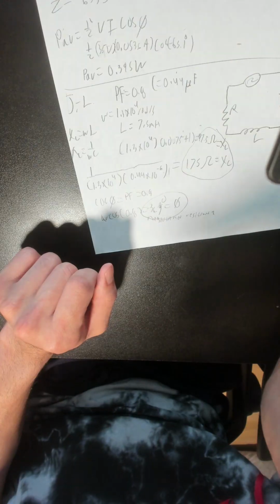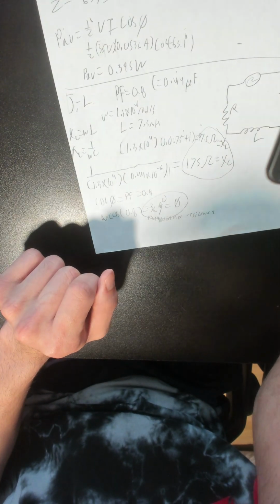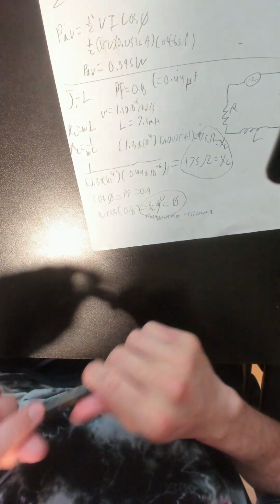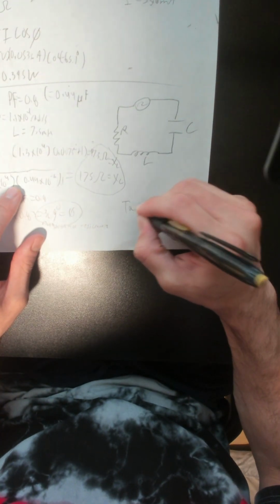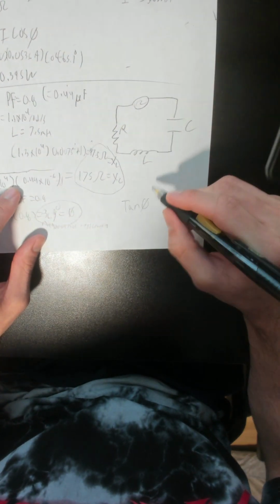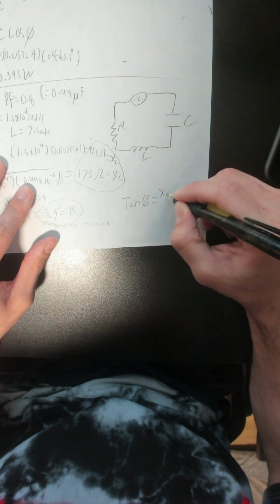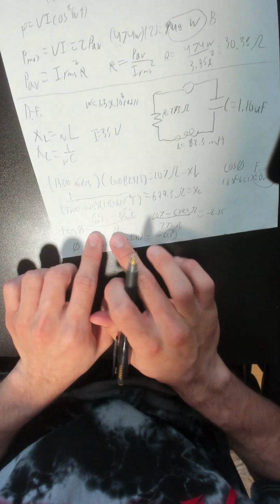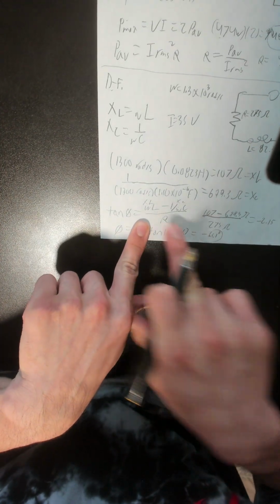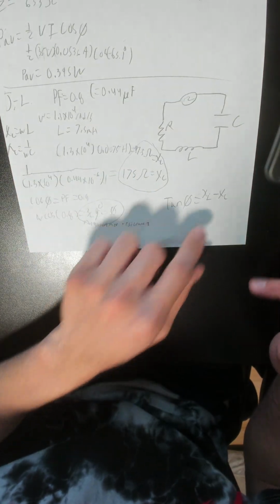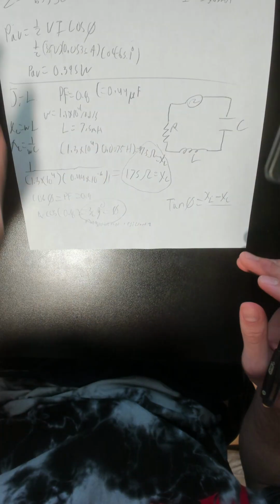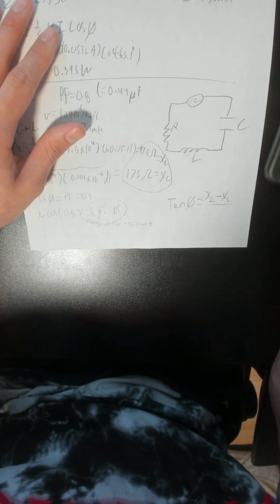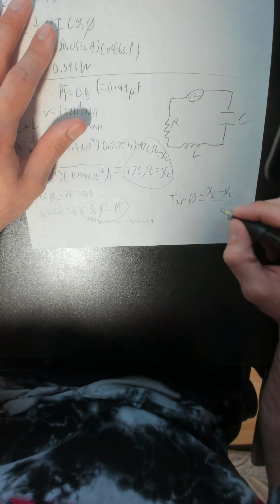Now, one last part is asking for the resistance. To find the resistance we use this formula: tan of the phase angle equals XL minus XC over R. It's the same formula as before, where it's ωL minus 1 over ωC, just simplified to the inductive and capacitive reactances.